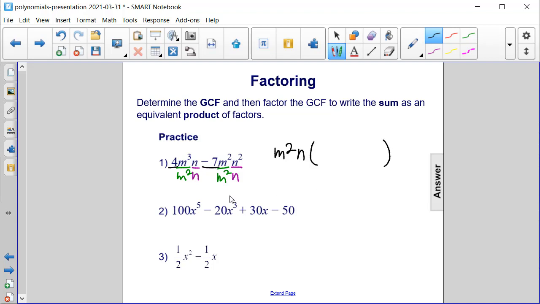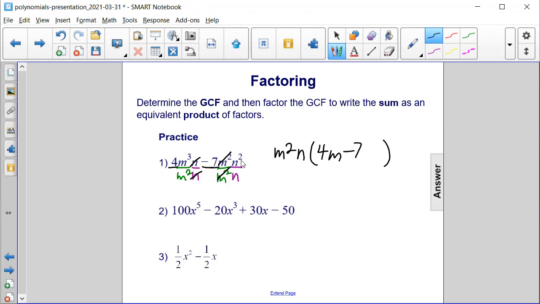And when we do that, we will get 4 divided by 1, which is 4. M to the 3rd divided by m to the 2nd is m to the 1st. And then n divided by n, they cancel out. Then we have minus 7 divided by 1 is 7. M to the 2nd divided by m to the 2nd is 1.